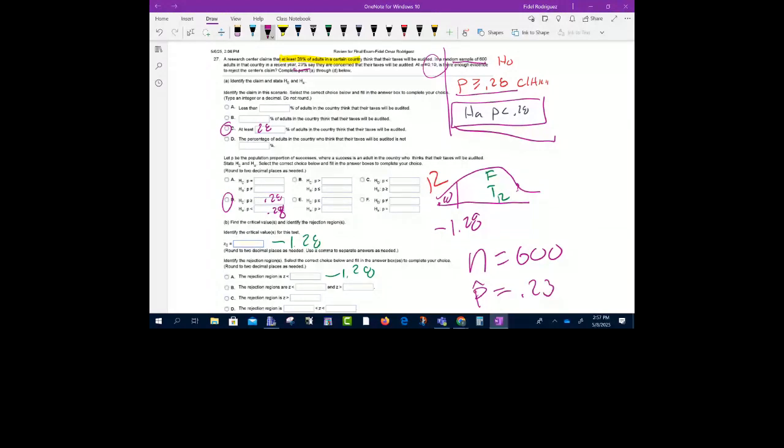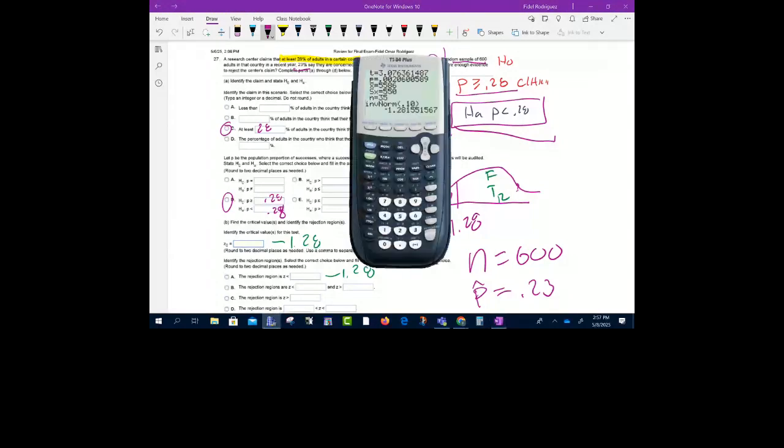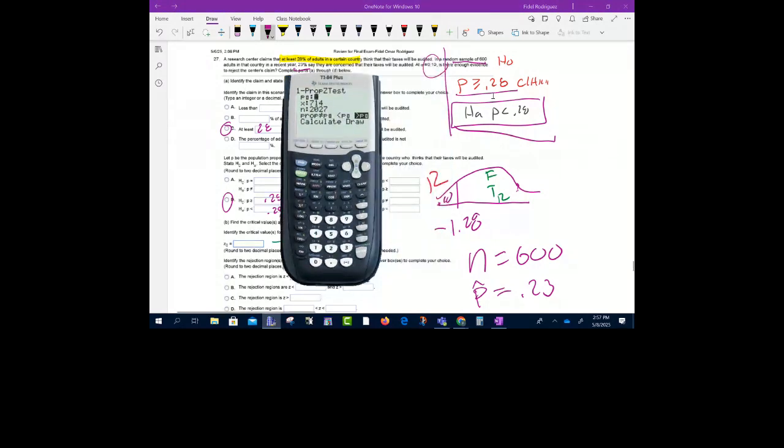Let's see if we can figure this out. I'm going to come back to my calculator and clear it out. I'm going to go to stat, then test. We're looking for a one proportion z test, which is number 5 here. First thing it's asking for is my p value. My p value was 0.28, so let's put 0.28 here.